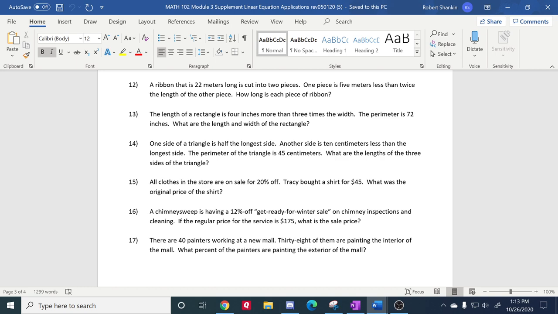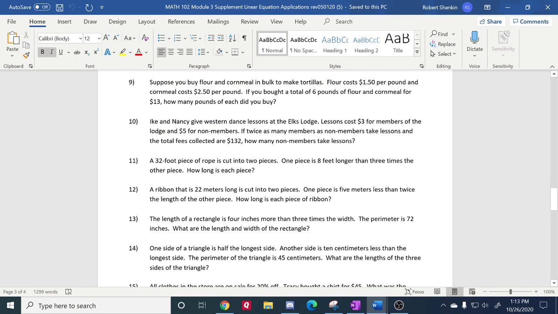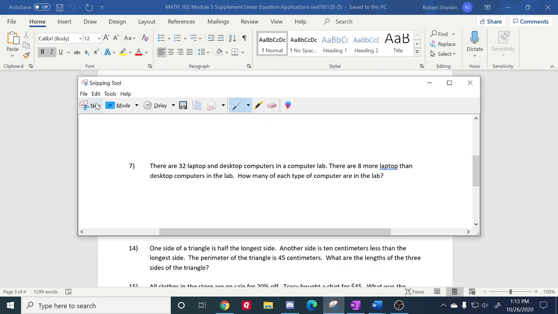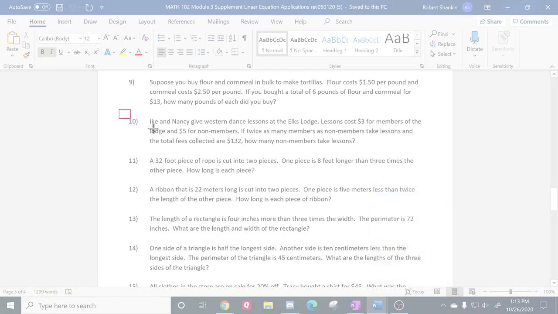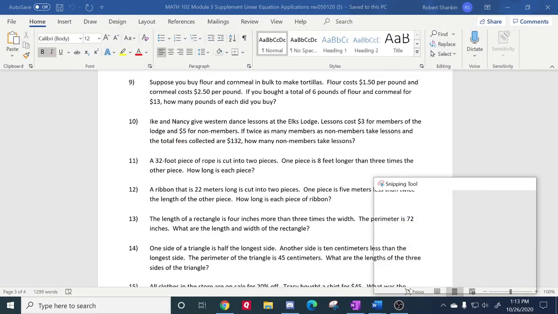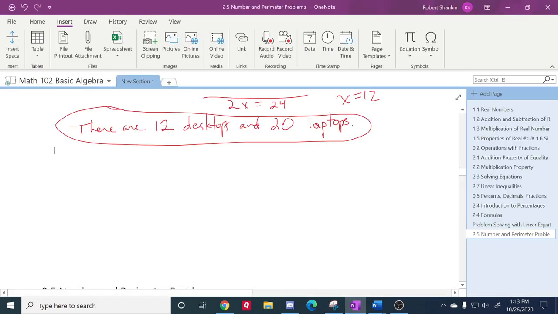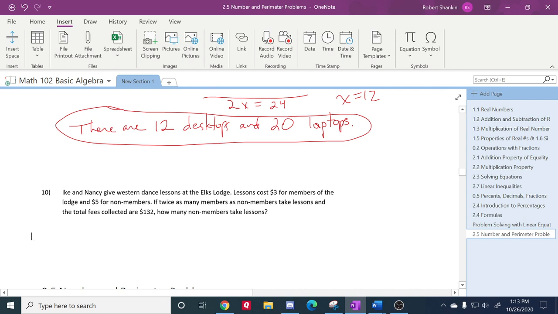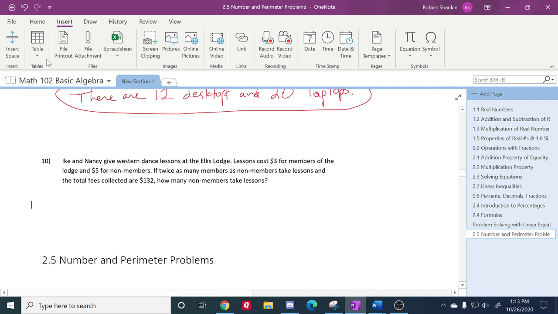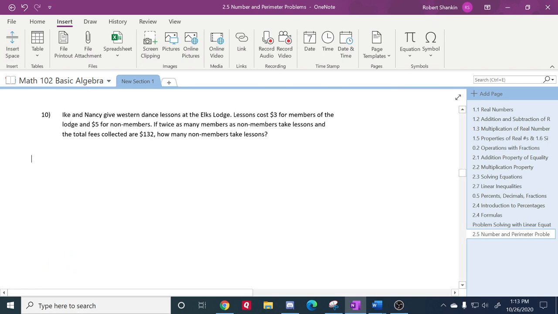Can we do number 10? 10. All right. Ike and Nancy give Western dance lessons at the Elks Lodge.